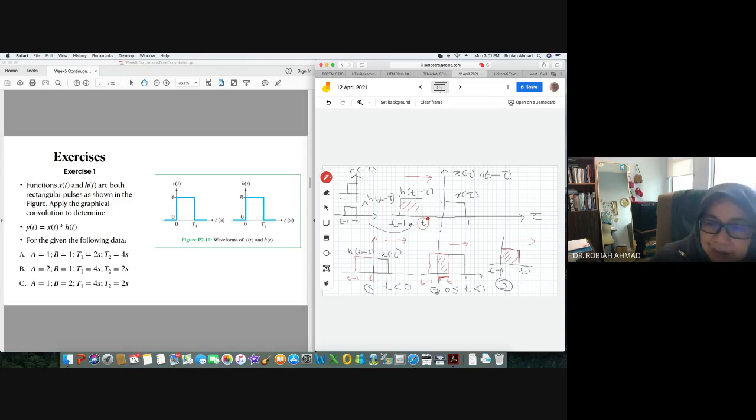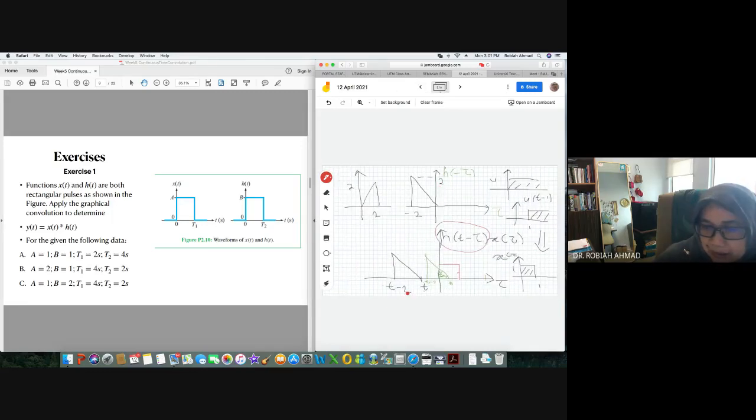So bila t, yang hujung dia tu mesti t minus how much lebar dia tu. Okay, ke 2 ke 3 ke, kalau sikit. Macam for example like previously yang sini, sebab lebar dia 2. So bila dia shift ke sini, this one t, this one will be t minus 2. We already learn kan, kalau yang belah sana tu dia adalah belah kiri.